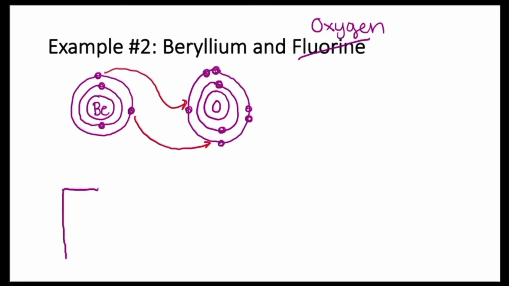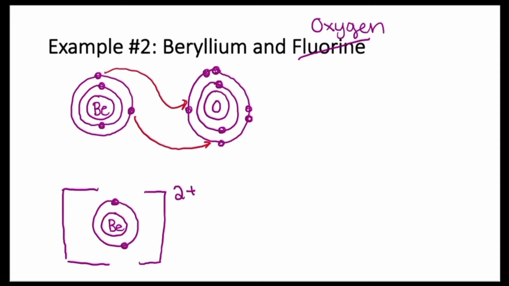draw the square brackets. You can also draw these after you've drawn the model if you want. Be surrounded by the shell with 2. And because it's given up 2 electrons, it is 2+. Our oxygen is surrounded by 1 ring with 2 electrons.